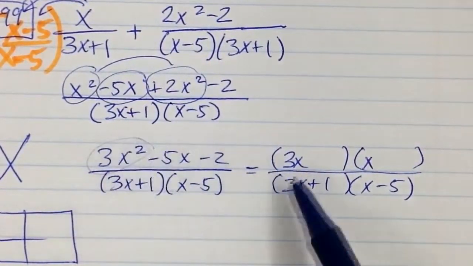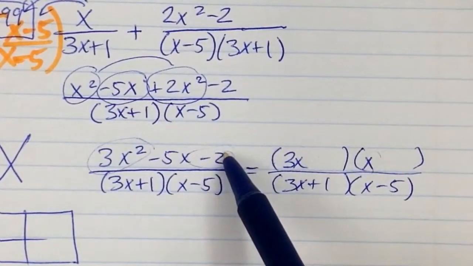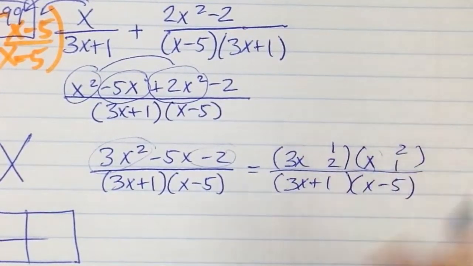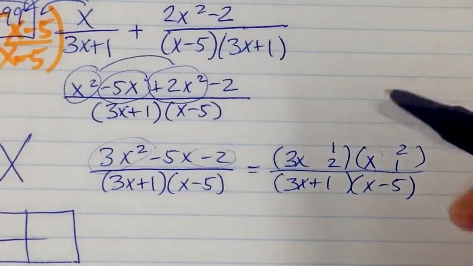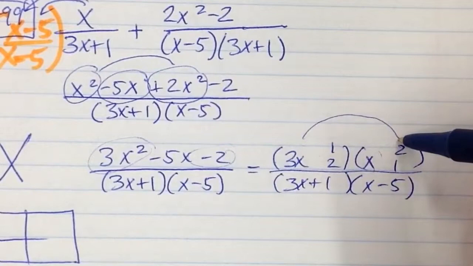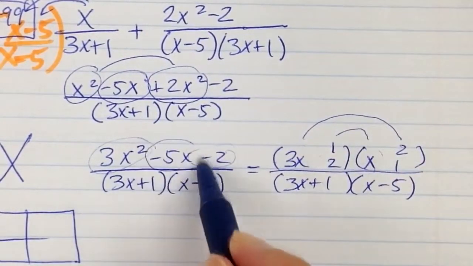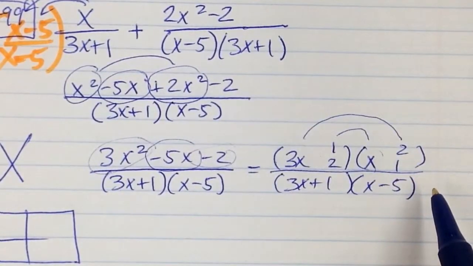Because there's a 3x squared, I know it has to be a 3x and an x. Well, 2 is a prime number. So the only factors of 2 are, I'm either going to go 1 and 2 or 2 and 1. That's my only choice. Right? I don't need to use the boxes because when I multiply this, and this, I want to get negative 5x. Well, which ones are going to help me get that?